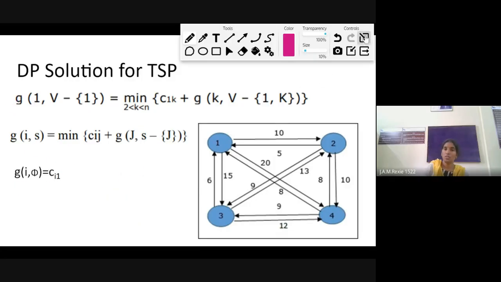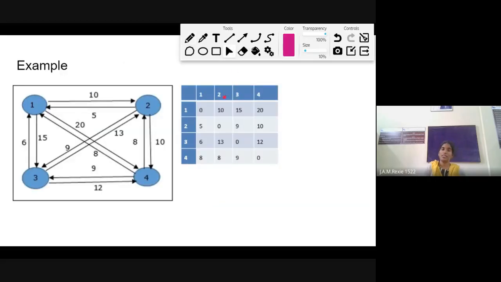Hope you understood the formula. Now let's apply this for an instance. Okay. So consider this graph. We are having the nodes and the directed edges with the cost given to us. And now we are representing this as a matrix. Okay. So the diagonal will be 0.